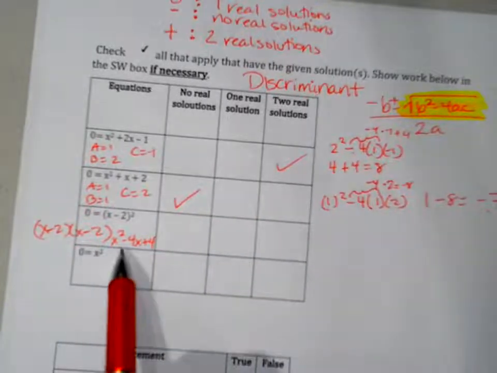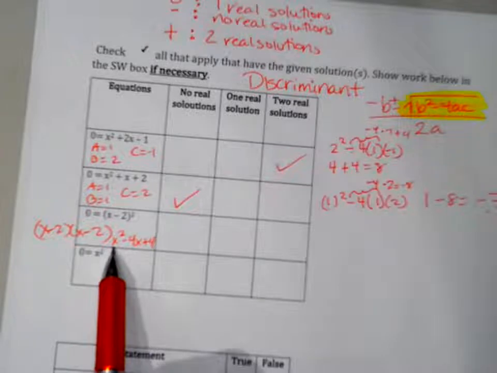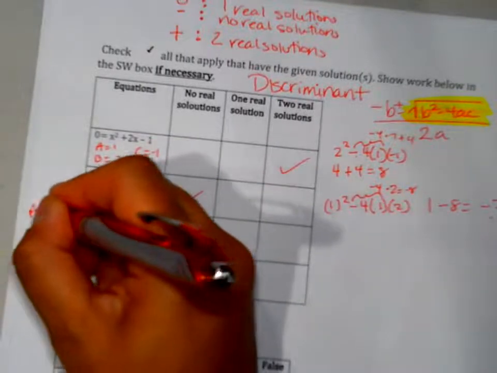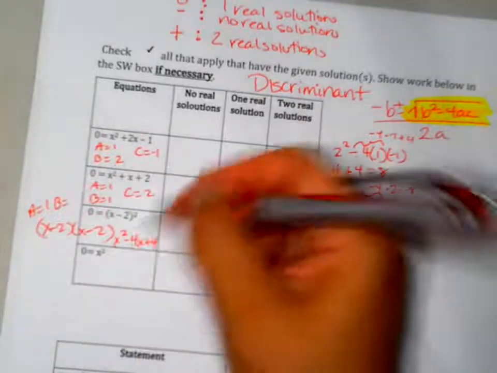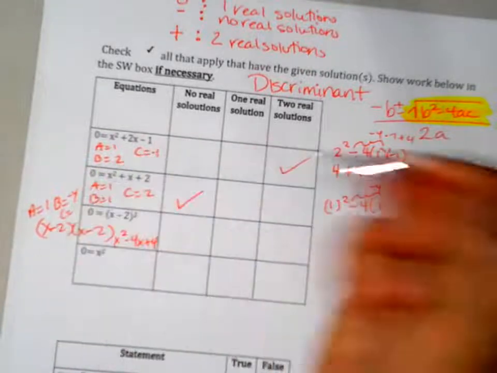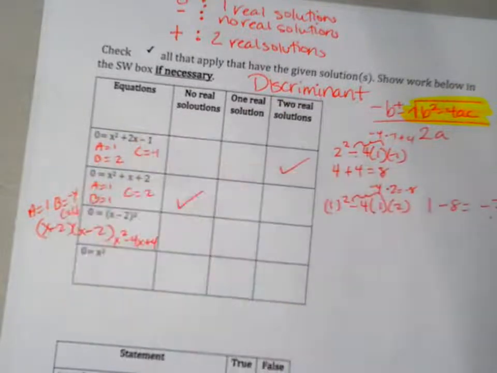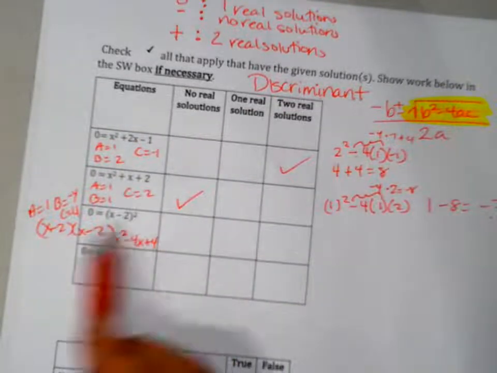Let's plug this into the discriminant and see what we get. So my A is equal to 1, my B is equal to -4, and my C is equal to 4. Remember, I just FOILed it out.